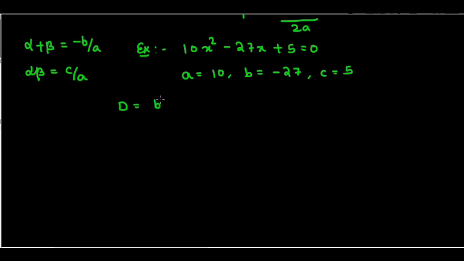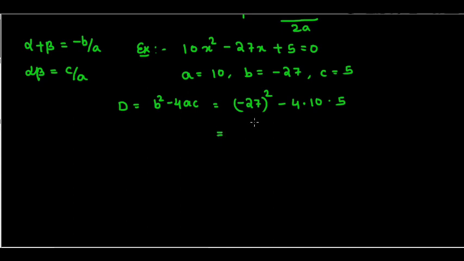So D is equal to how much? b square minus 4ac. So b is minus 27, so I'll write minus 27 square. Then minus 4 into a. What is a? a is 10, and c is 5.